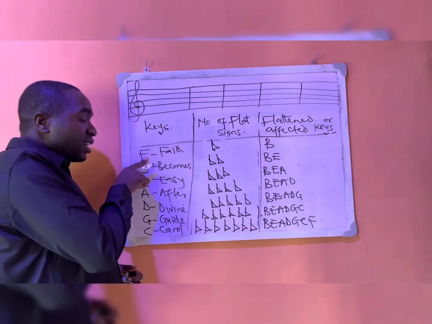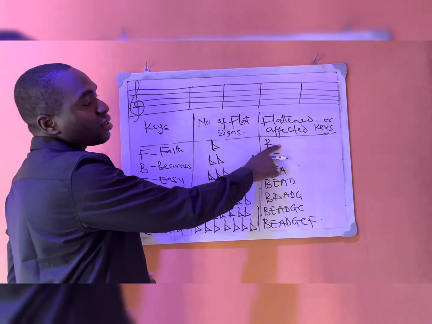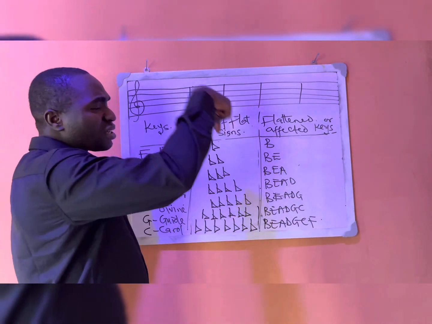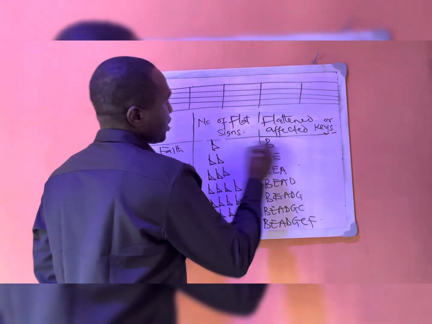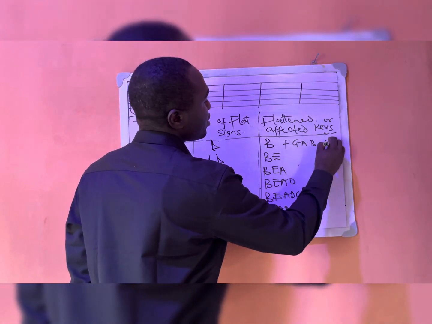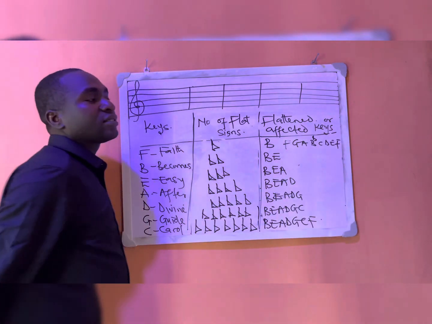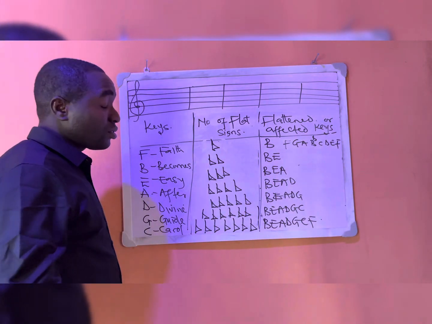For example, on the key F, only one key is affected. And what is the name of that key? That means when you want to play key F, you must not press B, you must play B flat. So to get your key F, we have F, G, A, B flat, C, D, E, F. So instead of pressing a B, you flatten it. So this will give you do, re, mi, fa, sol, la, ti, do, your diatonic scale.